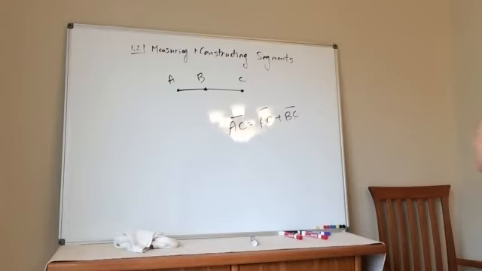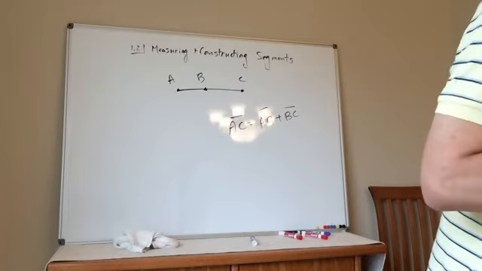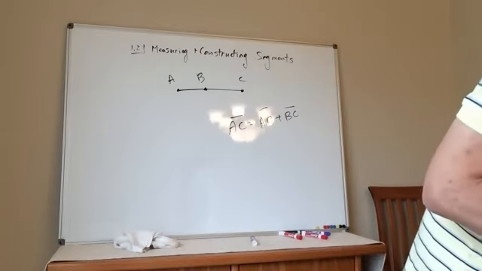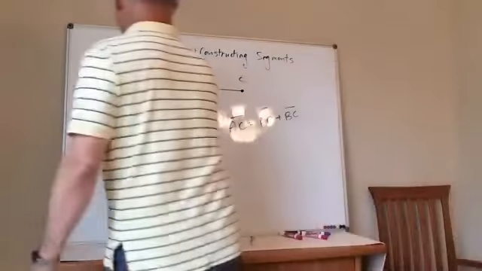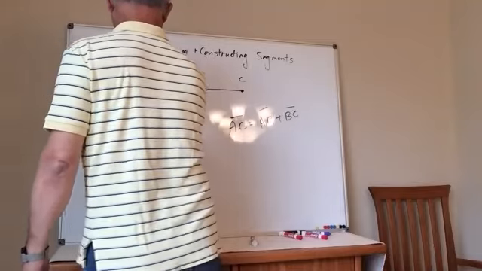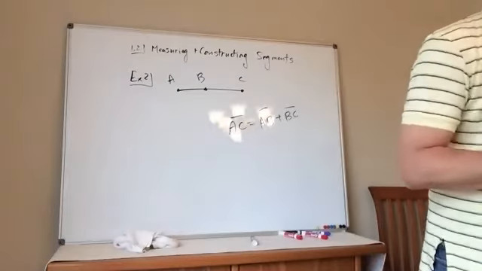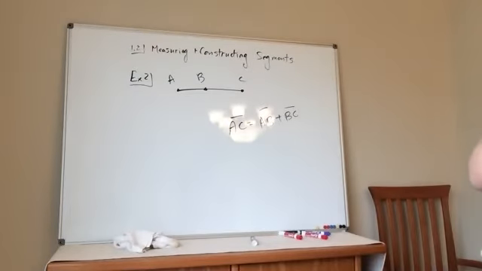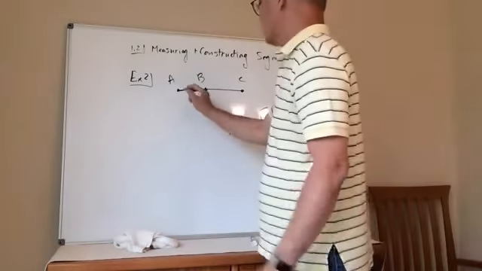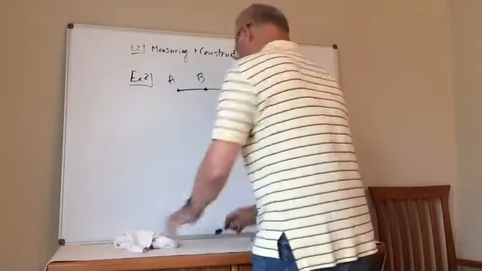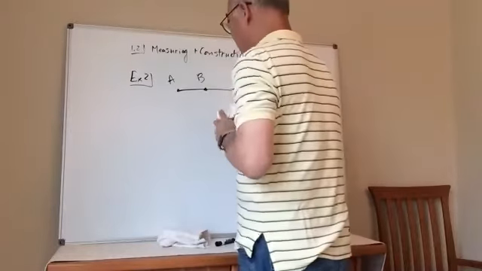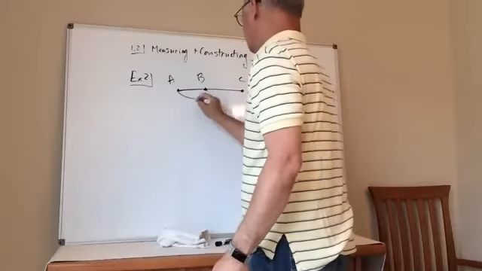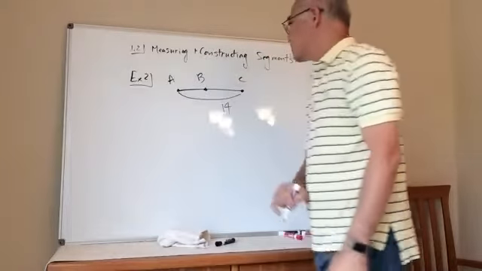Let's use this to do example number 3. B is between A and C, just like we have it here. So this is example number 2. We can use this same drawing. B is between A and C, where AC is 14 and BC is 11.4. So from here to here is 14.